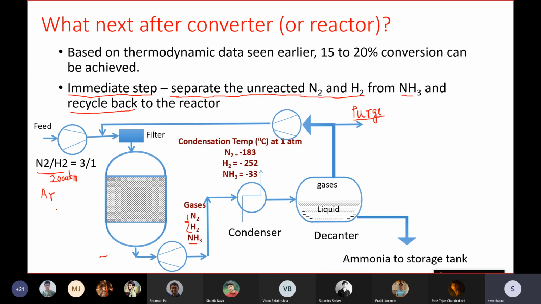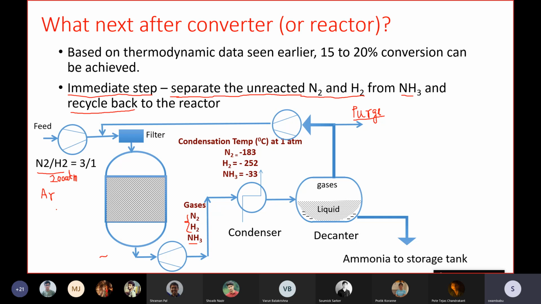In a normal offline exam, we would give a question like: draw a process flow diagram of ammonia and explain it in detail. You're supposed to draw this diagram and write various highlights of the process.